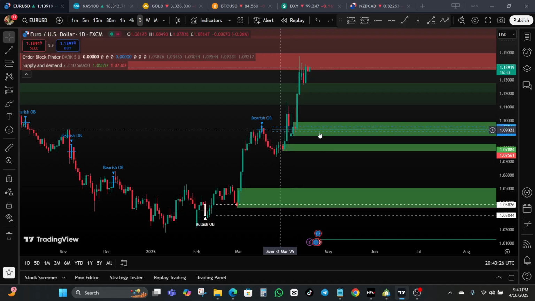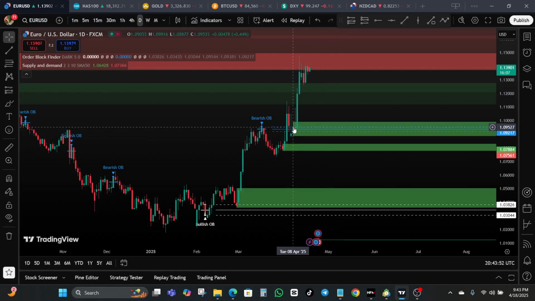Then you can use the supply and demand indicator to mark out the critical zones. Then you let the order block finder pinpoint where smart money is likely stepping in. And finally, you look for a confluence of signals like price entering a demand zone with an order block forming to enter your trade with precision.